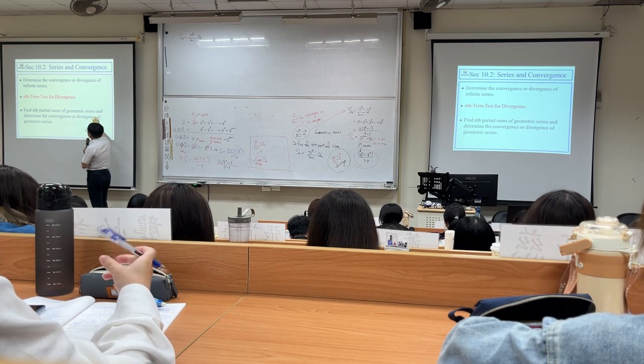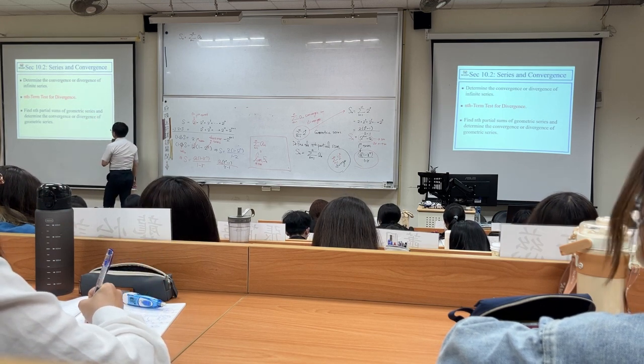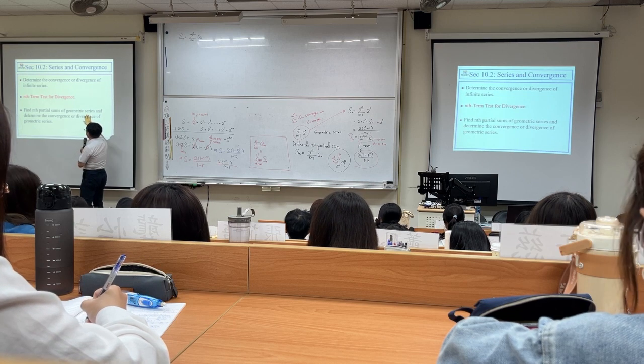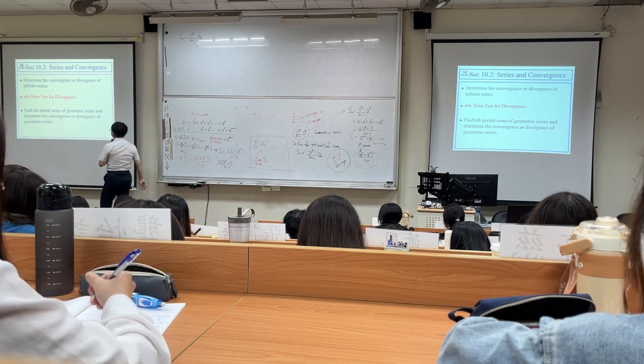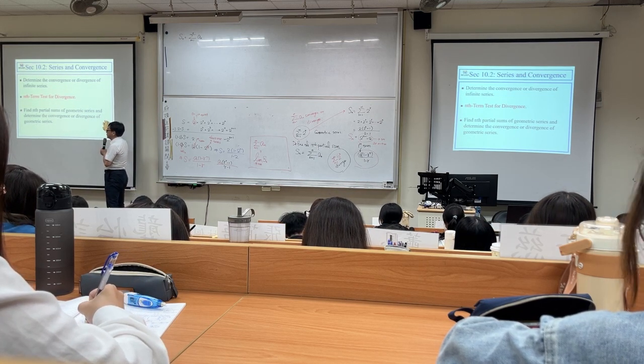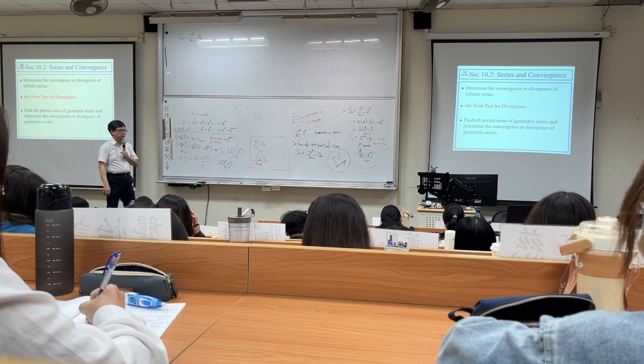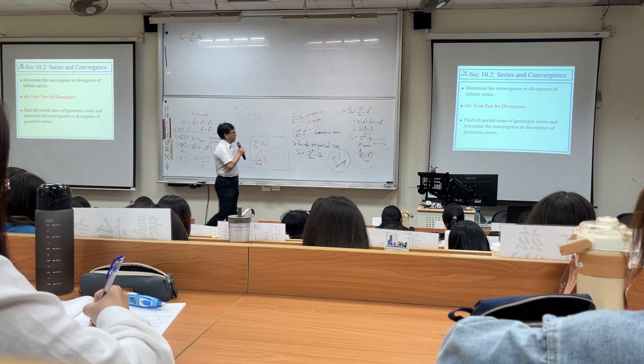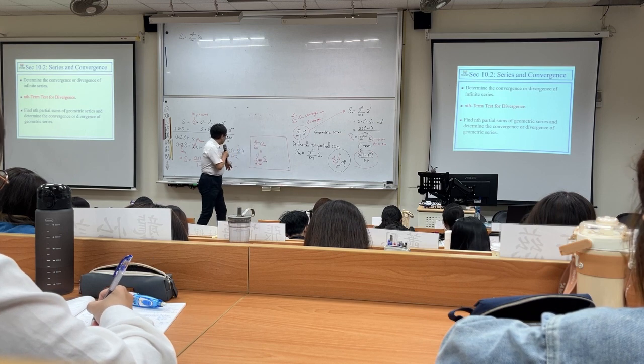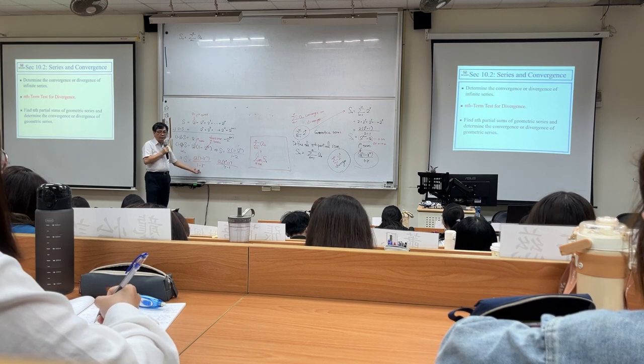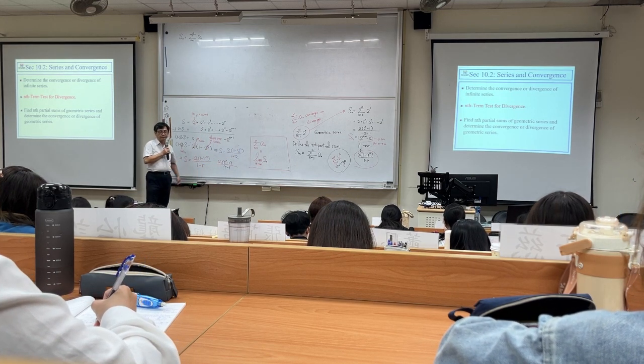The other one is the partial sum for a geometric series. And the last one is determining whether a geometric series converges or diverges. But basically, that's all the formula you need here. Okay.